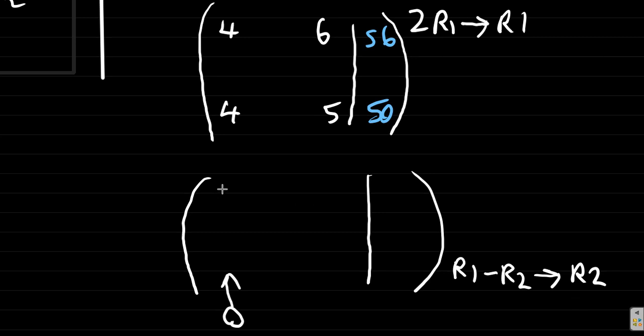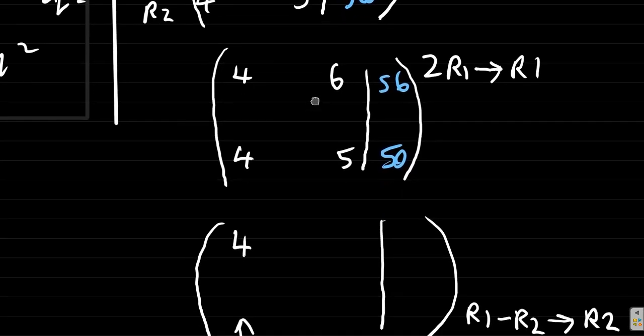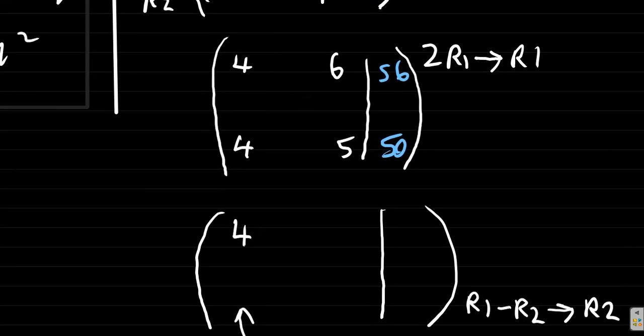So write down row 1, it will not change from here. Remember, row 1 had changed from this matrix to this matrix. But row 1 will not change when we go from this matrix to this matrix. So we have 4, 6, and 56. See that?